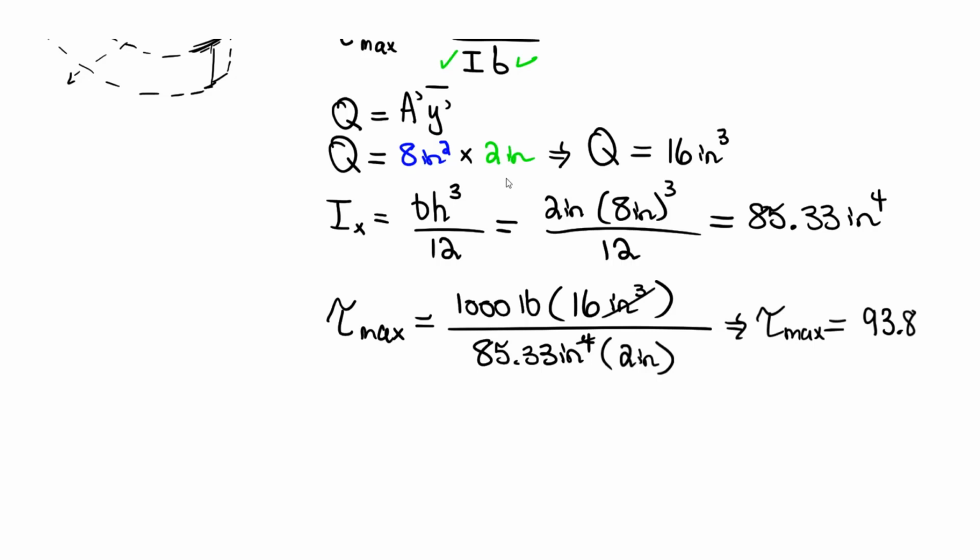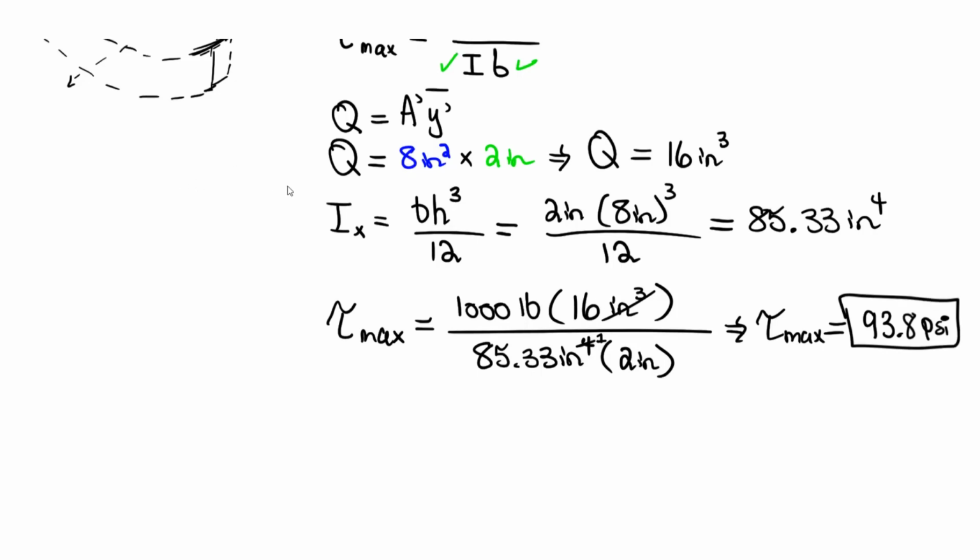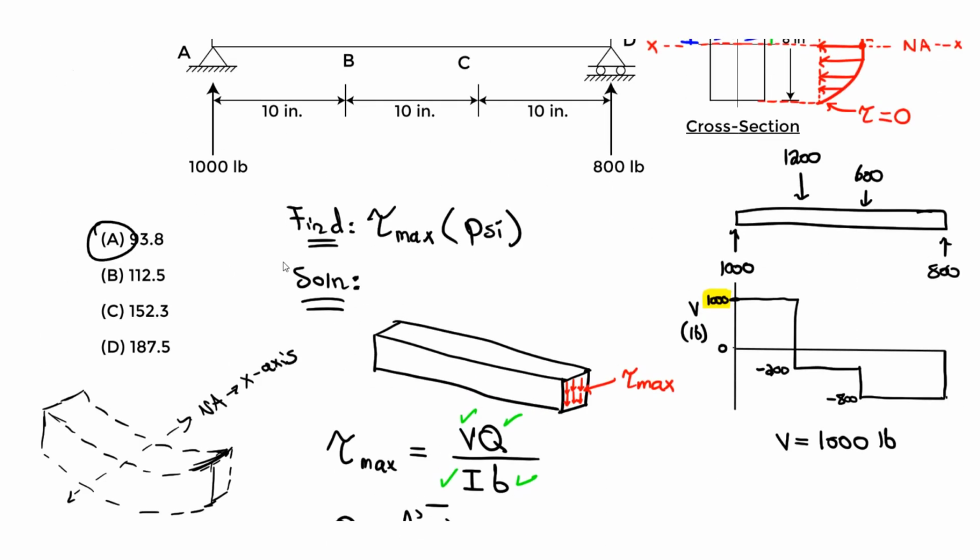If you take the 3 over 4, you have that 1 left. So inches to the 1 is just the inch. Times the inch is inch squared. You get pounds on top. Pound per inch squared is psi, right? So that's going to be the answer for this one. So 93.8 psi, and that should be A for this.